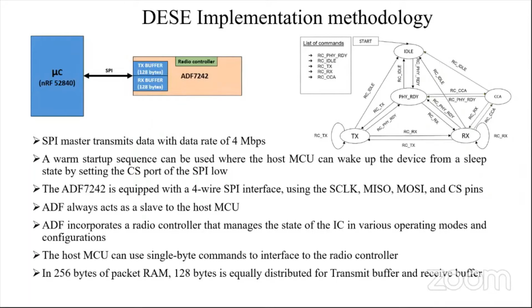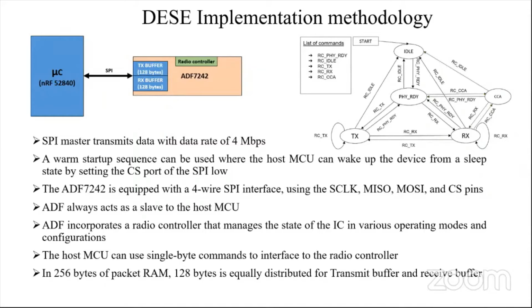This is an ARM processor. And we bought this ADF7242, which is a general purpose 5-layer system with a radio controller inbuilt into it. Okay, it has a transmission buffer of 128 bytes and an RX buffer of 128 bytes.